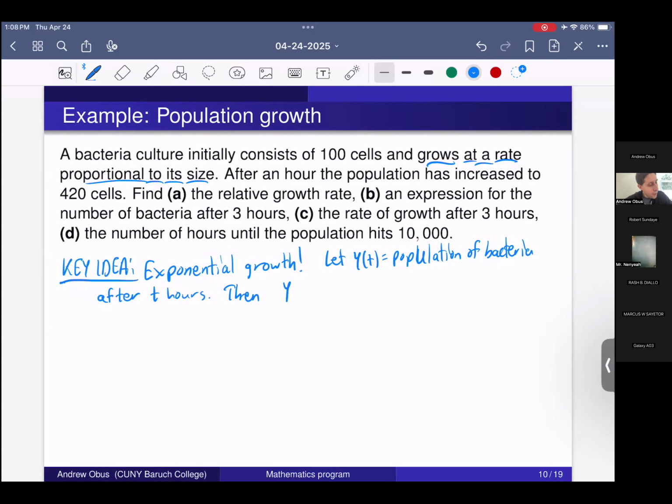Then we have that y is equal to c e to the kt for some c and k, right? That's what exponential growth says. And once we know what c and k are, then we'll be able to solve all of the parts of this question.